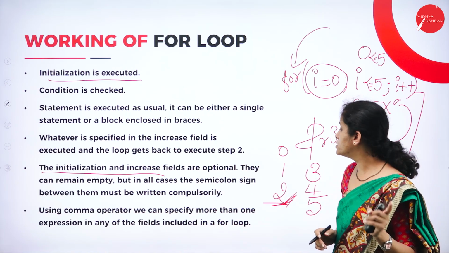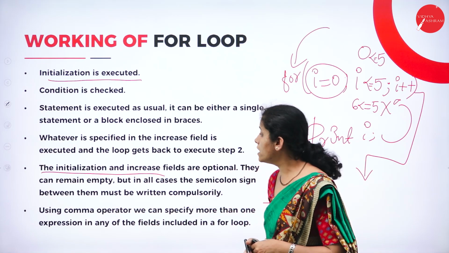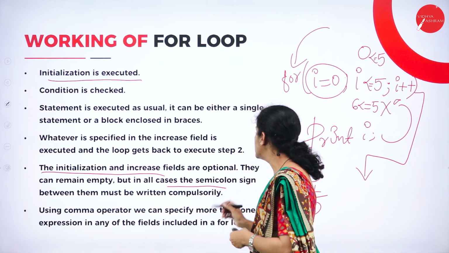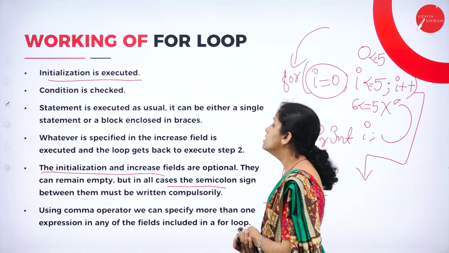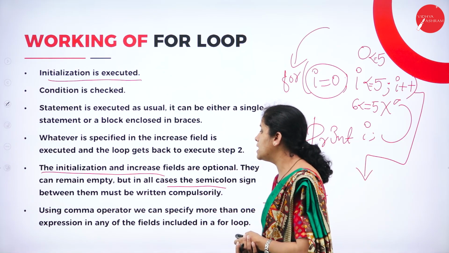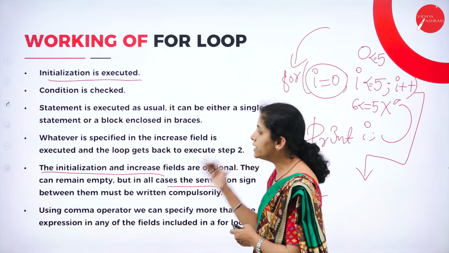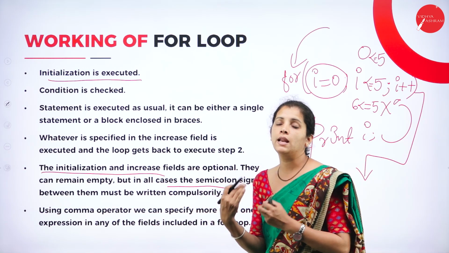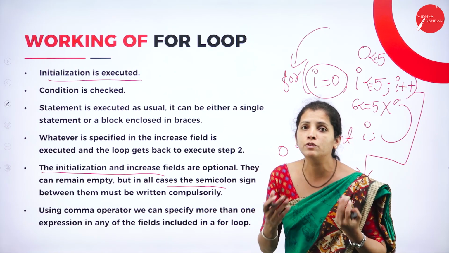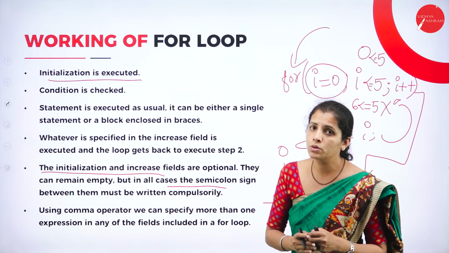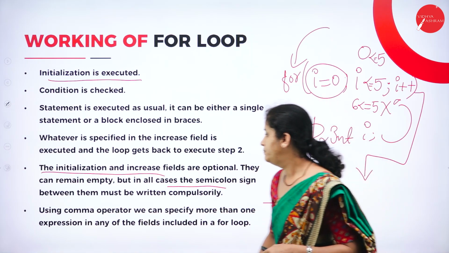So it is optional. So they can remain empty, but in all the cases the semicolon sign between them must be written compulsorily. I can include initialization as well as increment or decrement. It's left to the user. But each time I must use the semicolon.